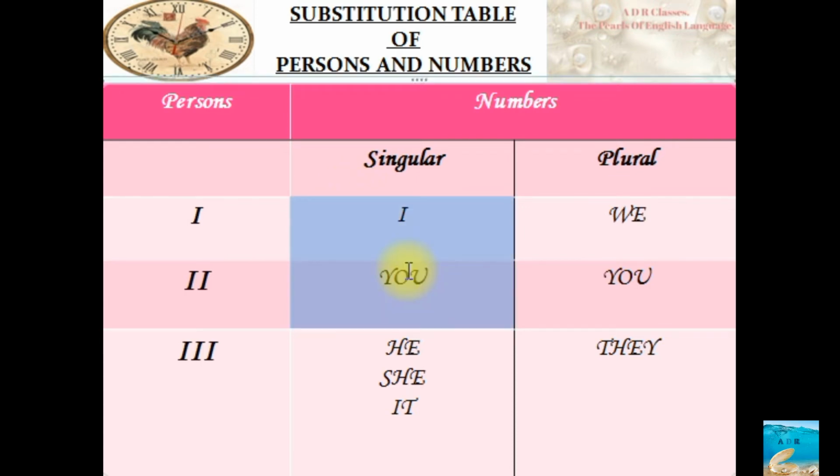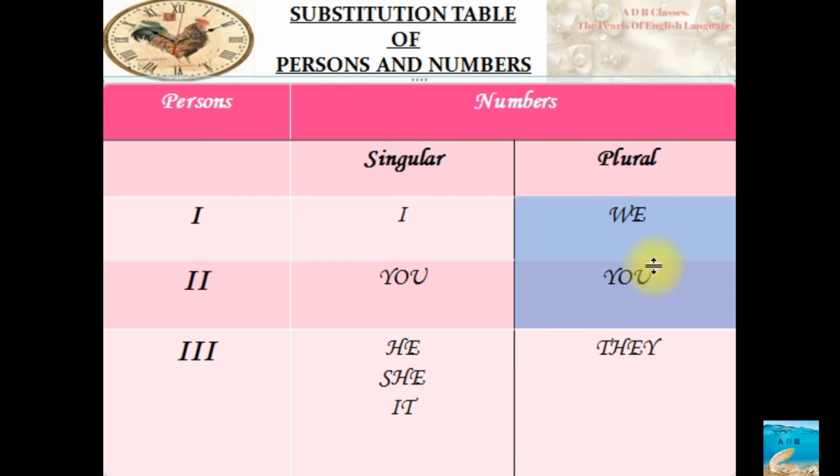So there is a short trick here. First person plural becomes second person plural. Now there is also a short trick here as well. Okay, so if you remember this, things will be very easy for you to understand. I hope this concept is quite clear, the change of pronoun forms.